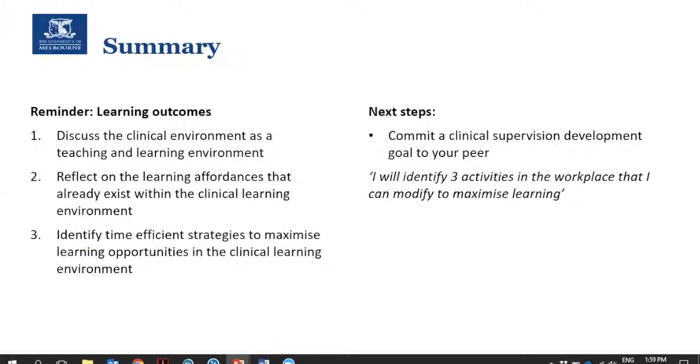So in summary, we have discussed the clinical environment as a teaching and learning environment. We've also reflected on the learning affordances or opportunities that already exist within your clinical learning environment, so what already happens in everyday practice that can be maximised for teaching and learning. And we've also looked at time-efficient strategies that are currently in practice that are designed to maximise these learning opportunities.